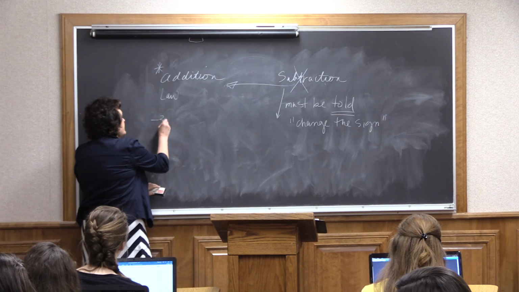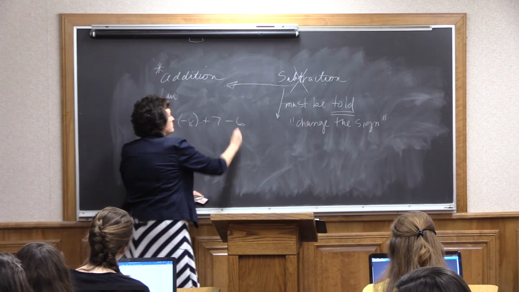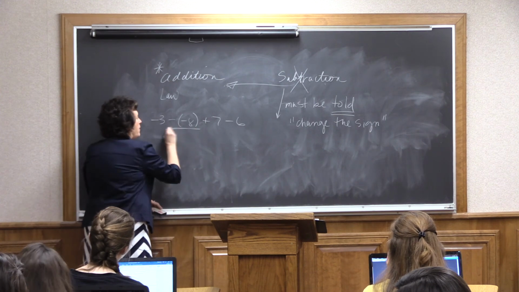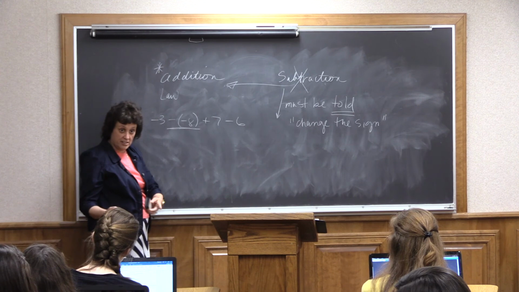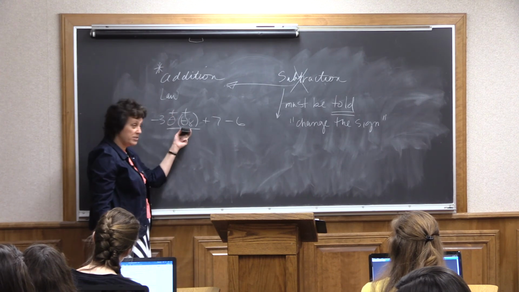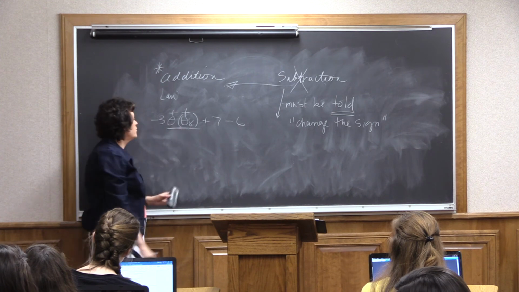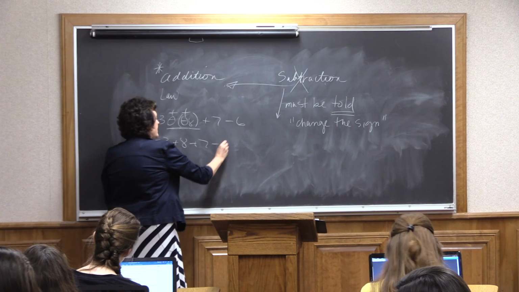So let's say I have this. This is the only time subtraction, which is now sign changing, becomes involved. And when I'm doing a sign change, I have to always change 2 signs. So what does this become? -3 and 8 and 7 and 6.